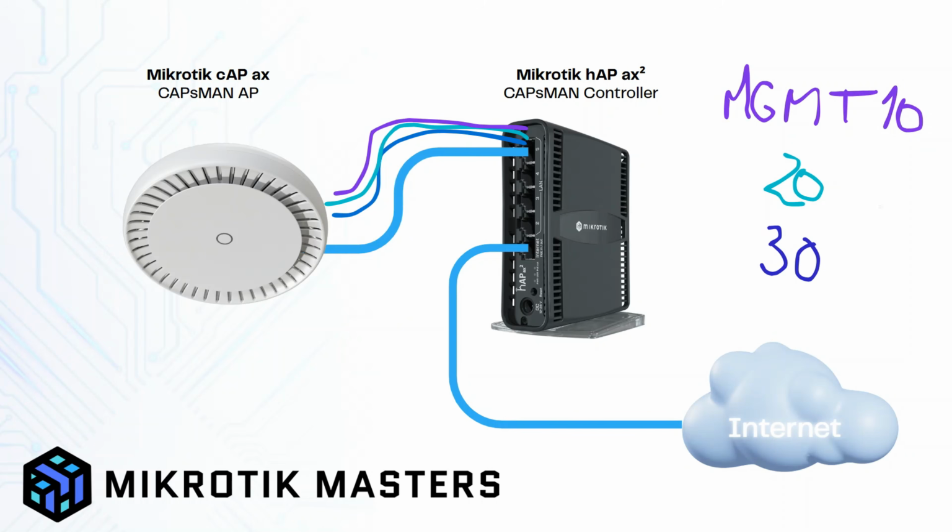Then for the SSIDs, we're going to have a guest one, which is going to be on VLAN 30, and then we're going to have the corporate, or our standard one. We'll just give it the same name as we did on the other one, and that's going to be on VLAN 20.